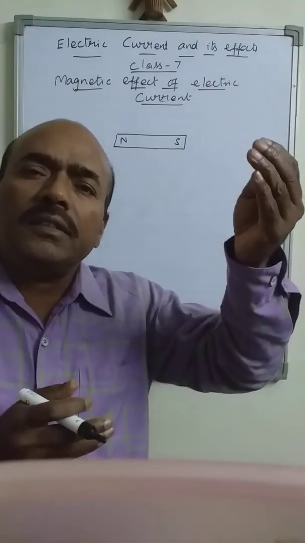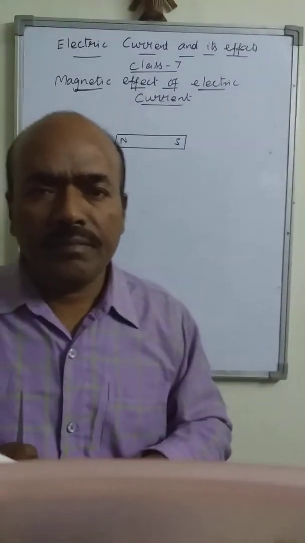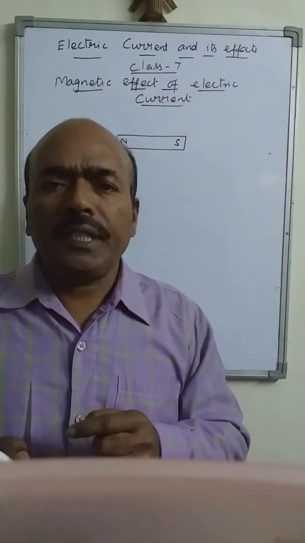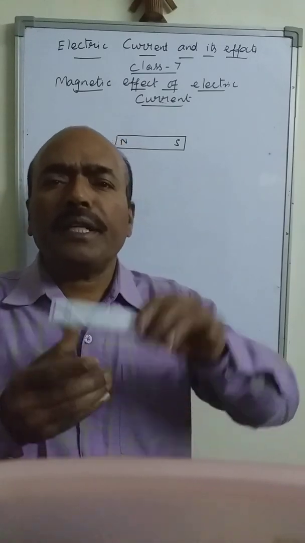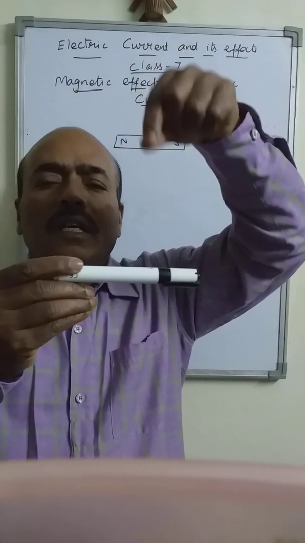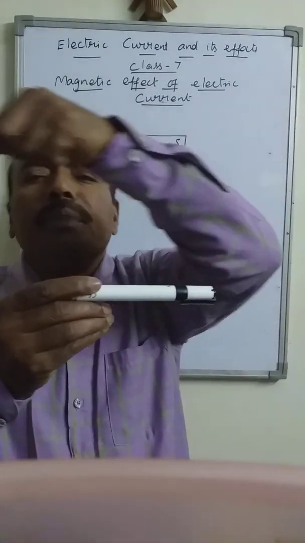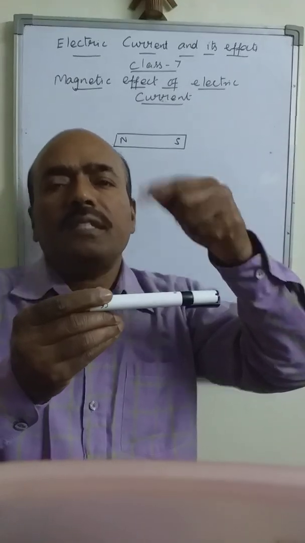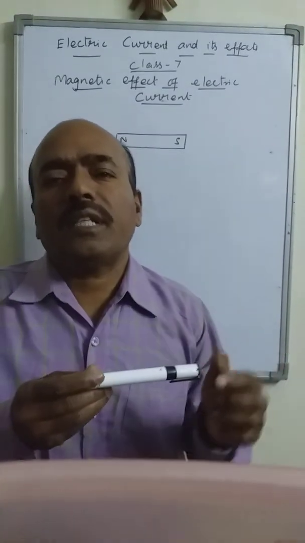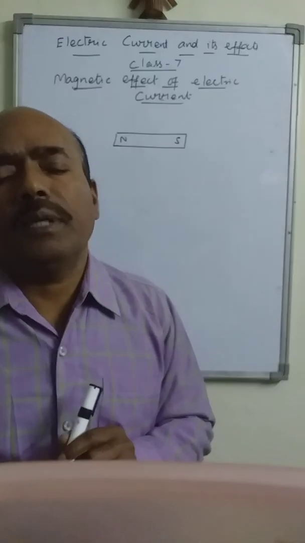These are the properties of bar magnets. One more property is that whenever a bar magnet is suspended by a thread, it comes and aligns in a particular direction, along the north-south of Earth's axis.